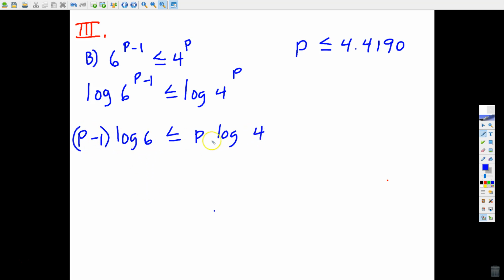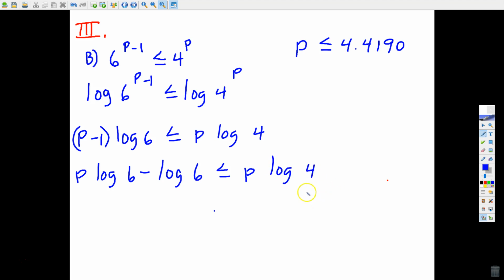Okay, and here we have p on either side of the inequality. So this is where I noticed some of you weren't getting it. You got to do the distributive property. So just think log 6 times p, that's p log 6. Negative 1 times log 6, negative log 6.